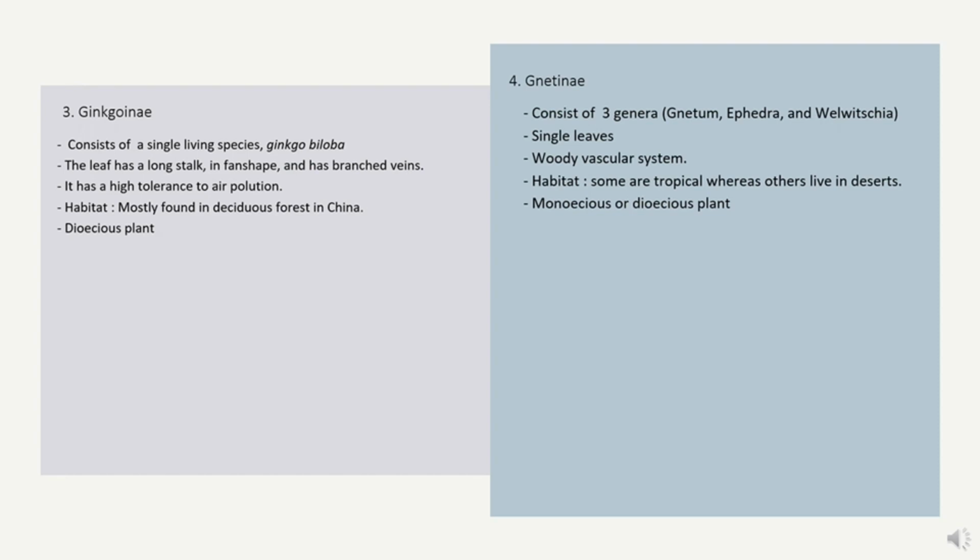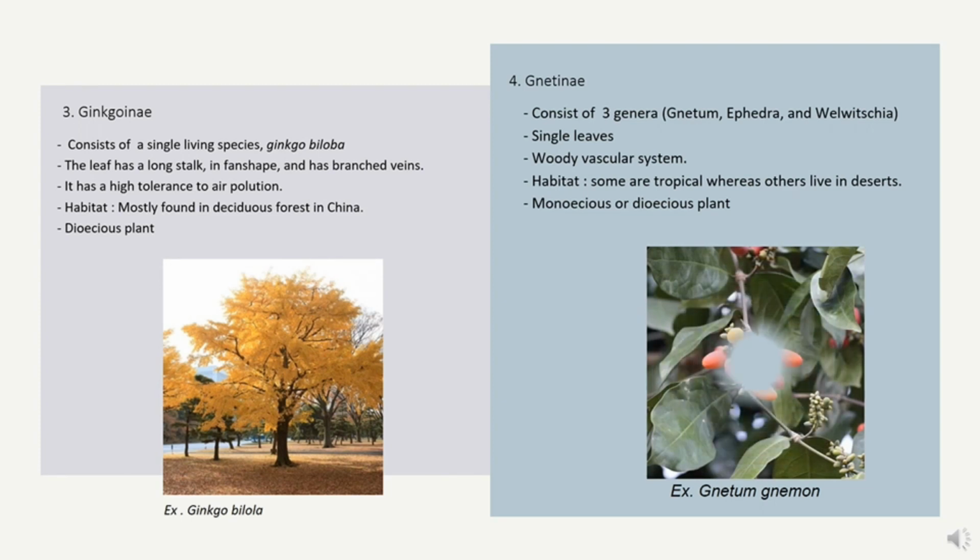For your information, a dioecious plant means that the male and female reproductive organs are found on different trees, and a monoecious plant has both male and female organs on the same tree. So Ginkgoinae is dioecious, and for Gnetinae, some plants are monoecious and some are dioecious. And the example of Ginkgoinae is Ginkgo biloba, and for Gnetinae is Gnetum gnemon, or in bahasa, melinjo.